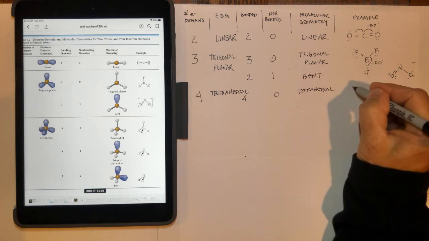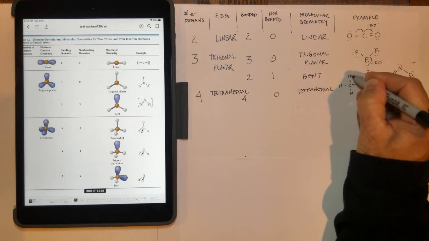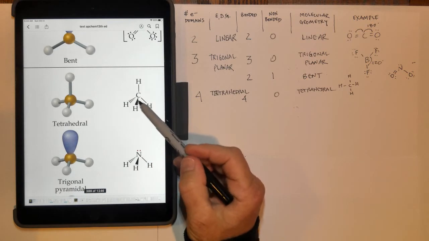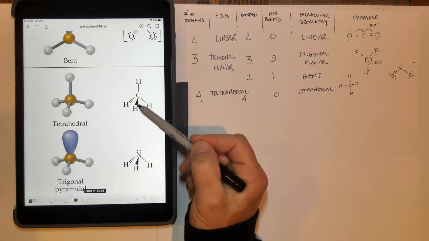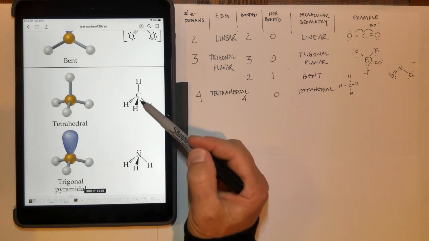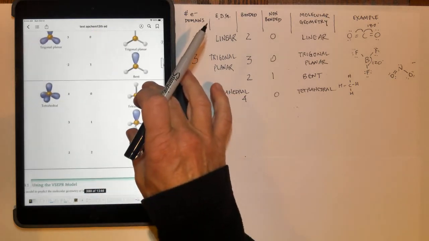An example of this would be methane, so carbon with 4 hydrogens around it. And you can see in the textbook they draw it like they should right here. Notice how they've got the wedge coming out of the book, the dash going back into the paper, and then these two are oriented to be in the same plane as the paper.